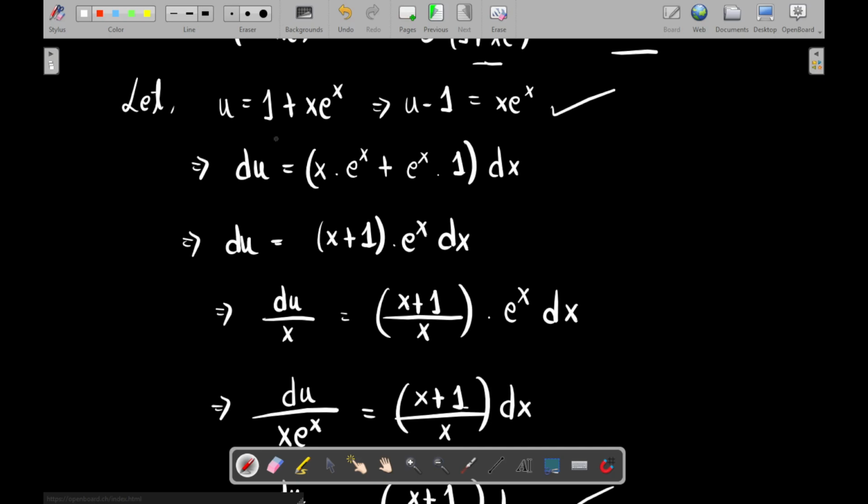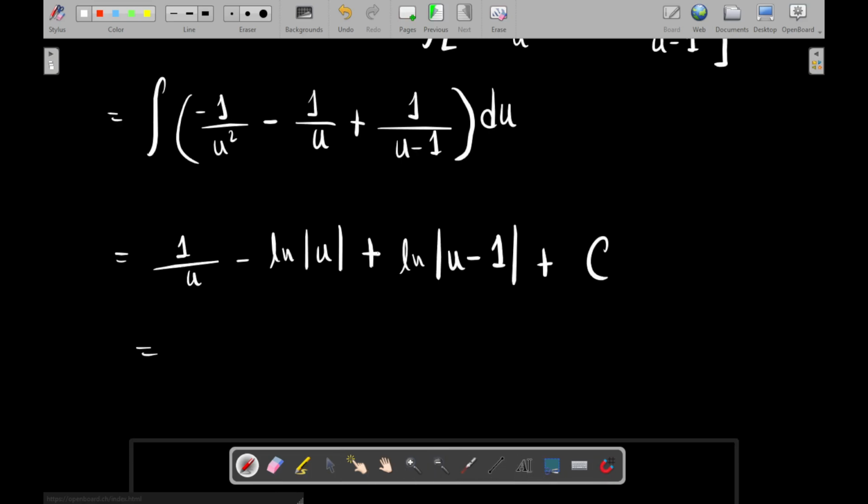Now if we do the back substitution here, our u was 1 plus x e to the power x, right? So this becomes 1 upon (1 plus x e to the power x), and if we take these two logarithmic terms together, this becomes ln mod of (u minus 1) upon u.